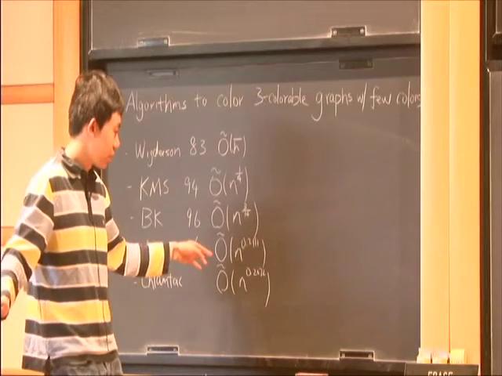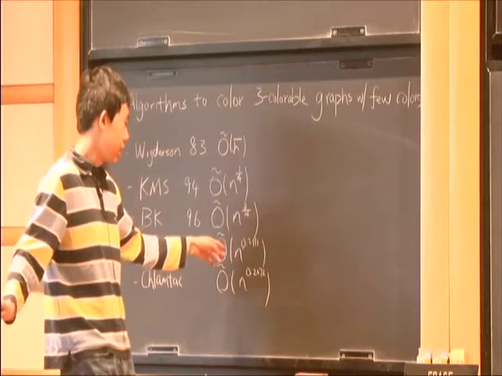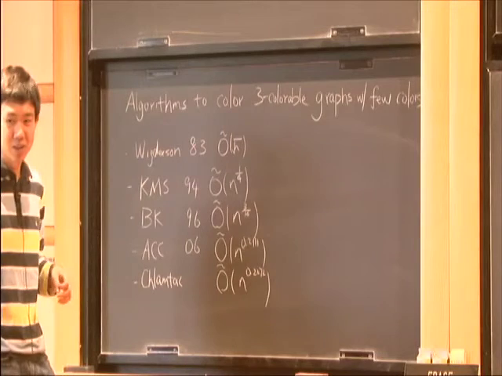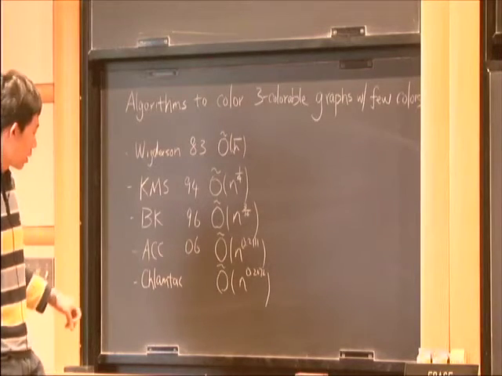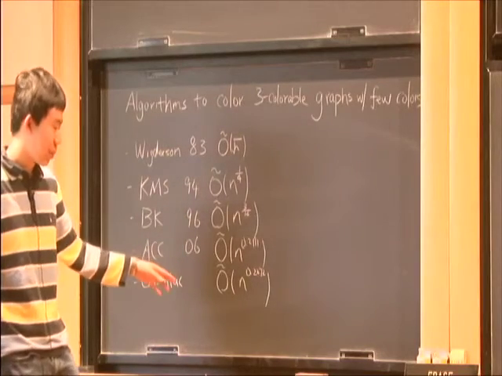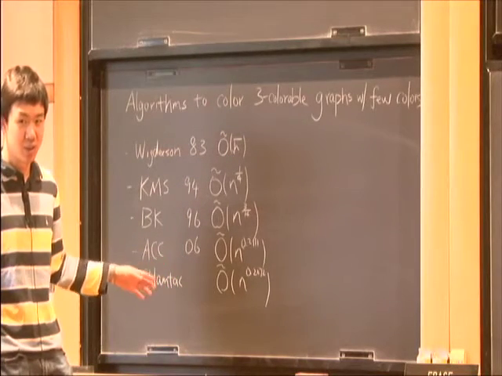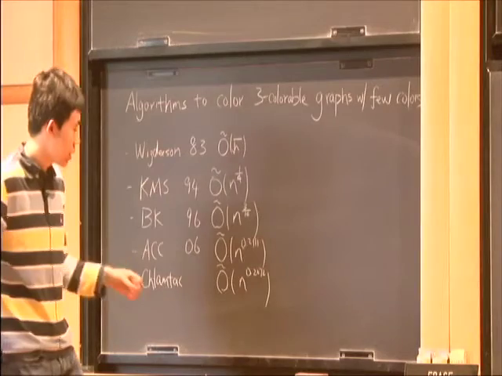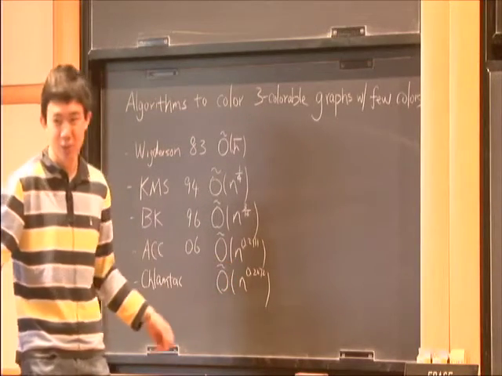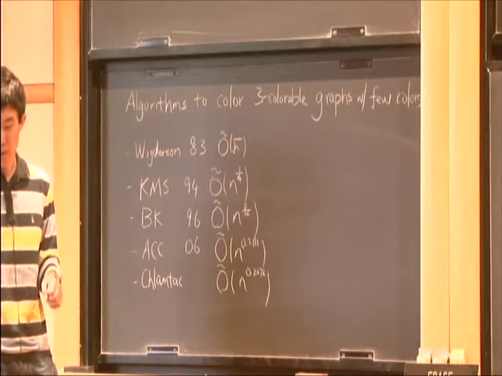They were able to get n to the 0.2111 colors. Finally, Eddie improved this by using constant rounds of the Lasserre hierarchy to get n to the 0.2072 coloring.